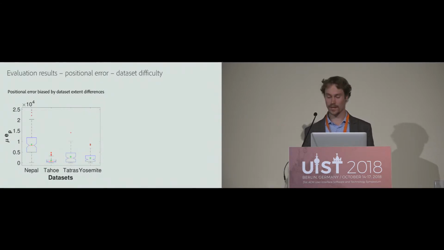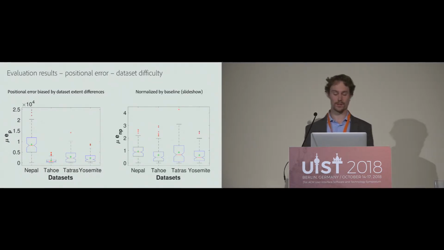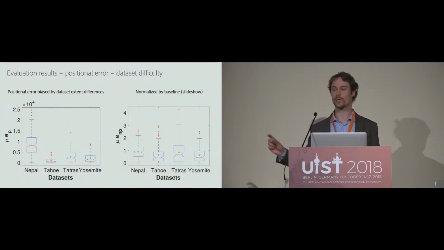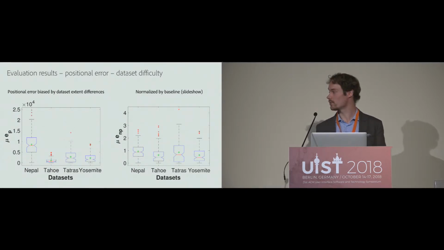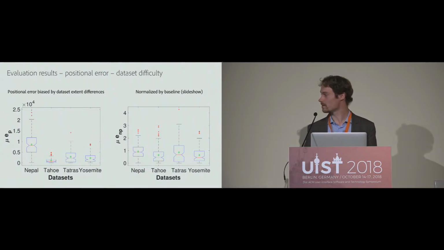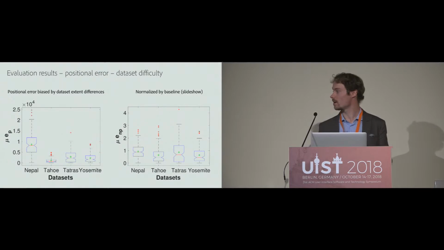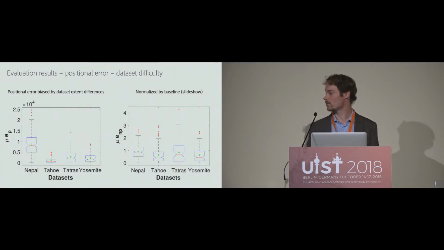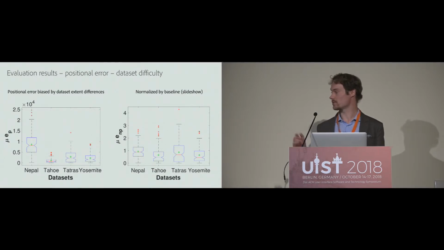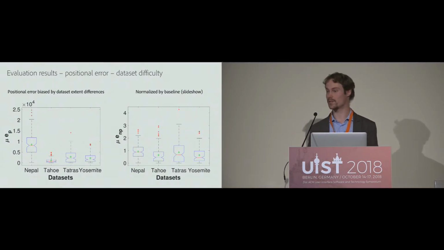So this actually creates some heavy bias, which we needed to mitigate, and we did it by normalizing by the baseline slideshow only, because this is basically the worst scenario the user can have. And we may see that in this case the scales of those errors are nearer to each other, and we may also see that the Nepal and Tatras datasets seem to be more difficult than the other two, which is also expected because Nepal and Tatras are quite large datasets taken over several days.